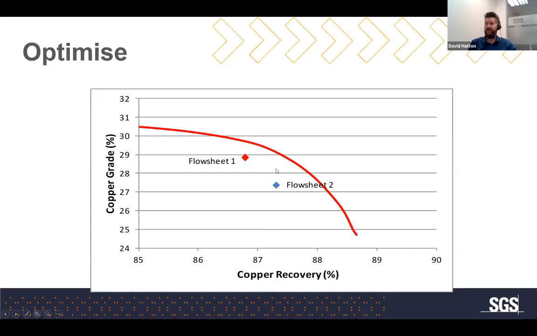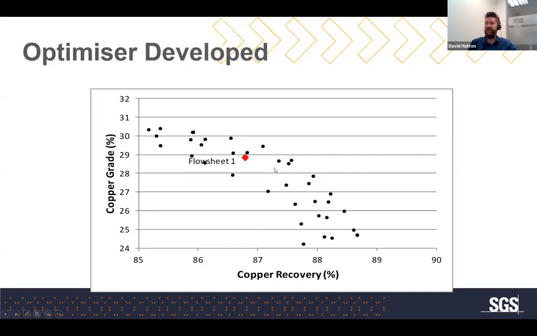And this is an interesting technique that we came up with. Essentially, we developed a tool in IGS called the optimizer. What it does is it adjusts the operation of the circuit, essentially changing the mass pull in the different flotation units, but doing the corresponding changes in terms of water recovery, different mineral recoveries, etc., when we adjust the mass pull, which we do by adjusting froth recovery.